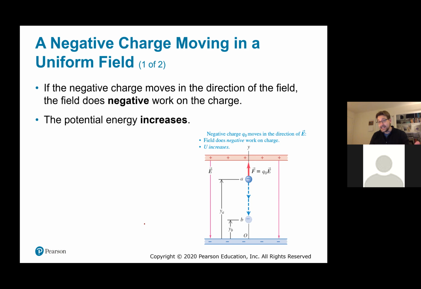So if it's a negative charge in a uniform field, if a negative charge moves in the direction of the field, the field is doing negative work. Because of the dot product.